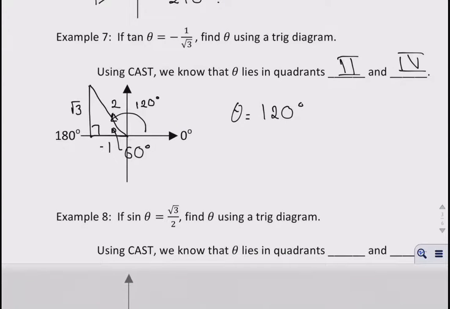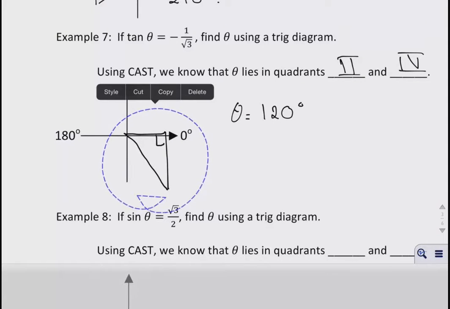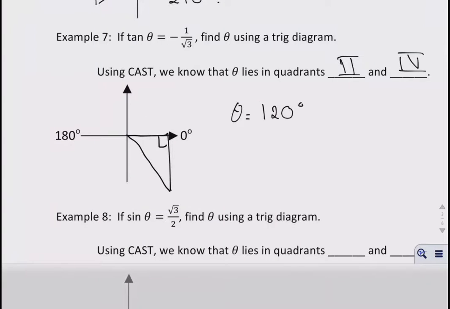In quadrant number 4, on the other hand, let me erase this stuff here. I take the same triangle and rotate it around so that I have root 3 here at the side, which is my opposite.